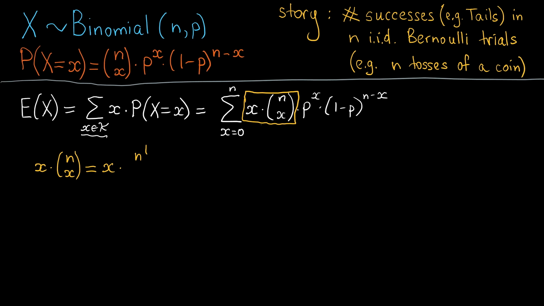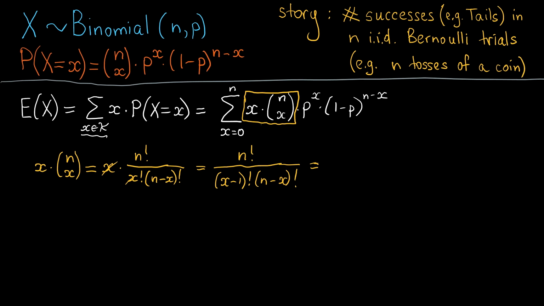We know that's n factorial over x factorial times n minus x factorial. And we can cancel an x there, and what we're left with in the numerator is n factorial, and in the denominator we'll have x minus 1 factorial times n minus x factorial.